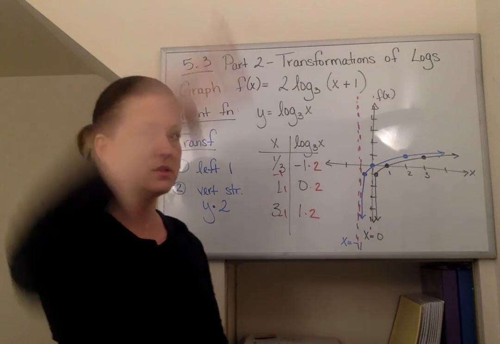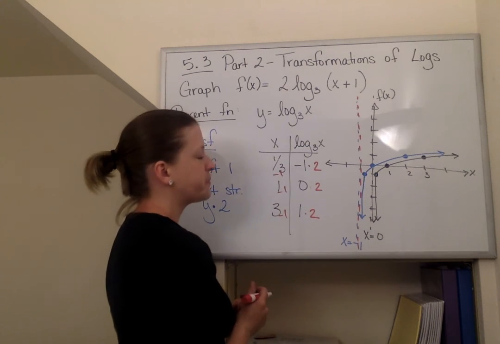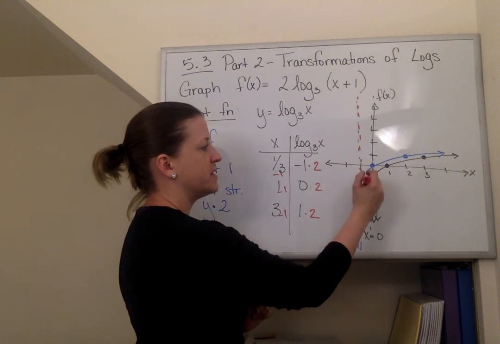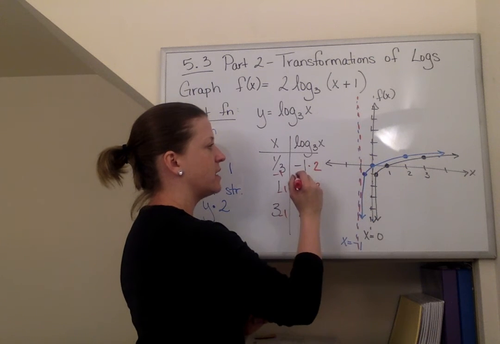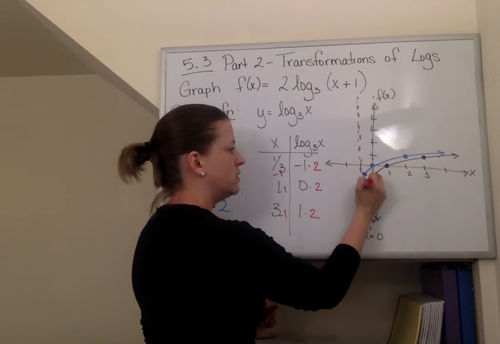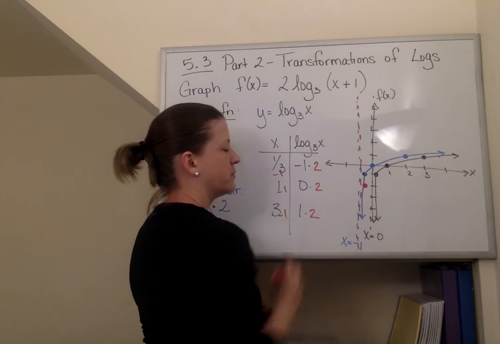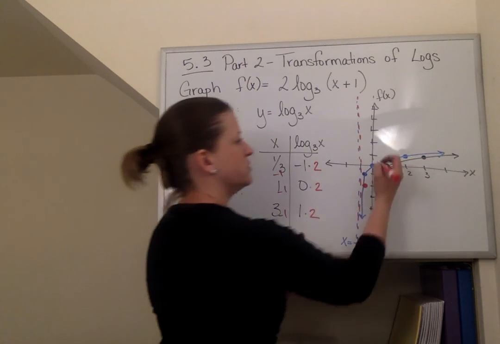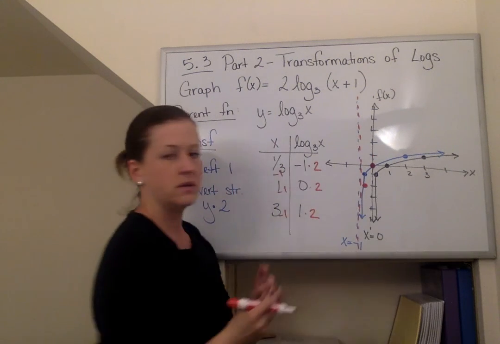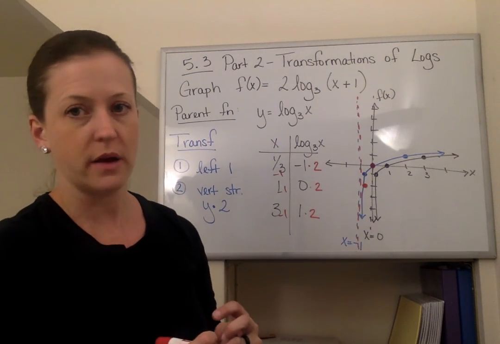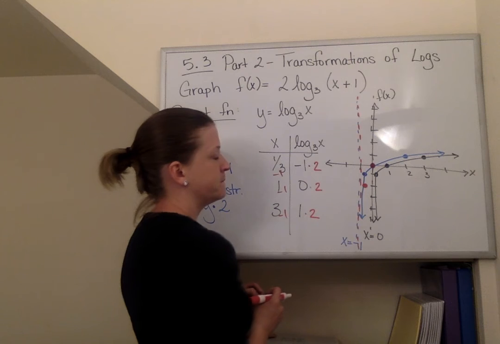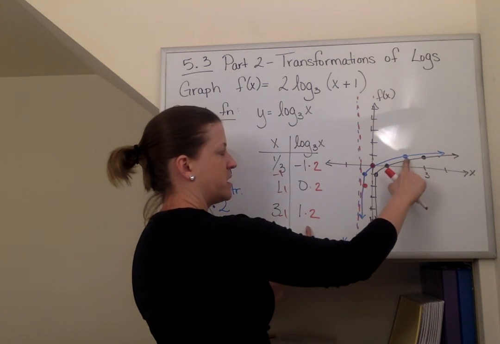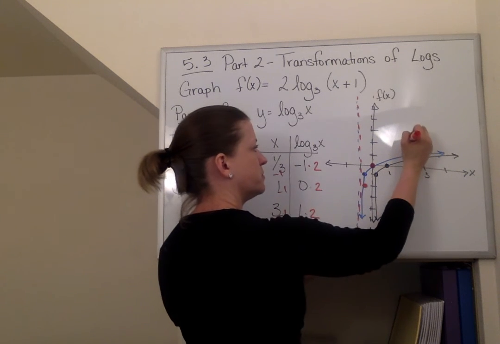So my asymptote is not going to change. But now this y value is going to be at -2. Zero times 2 is still 0. So that point on the origin is not going to move. And then the y value here is 1. 1 times 2 is 2.